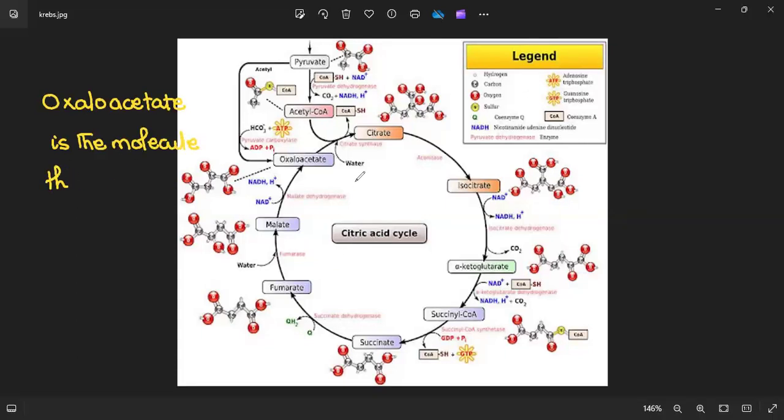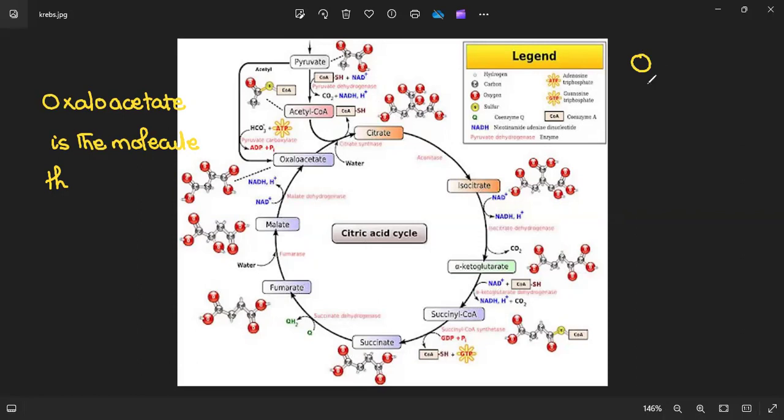So the next thing after that is citrate. Then from there, isocitrate. Then alpha ketoglutarate. Then succinyl-CoA. Then succinate. Then fumarate. Then malate.